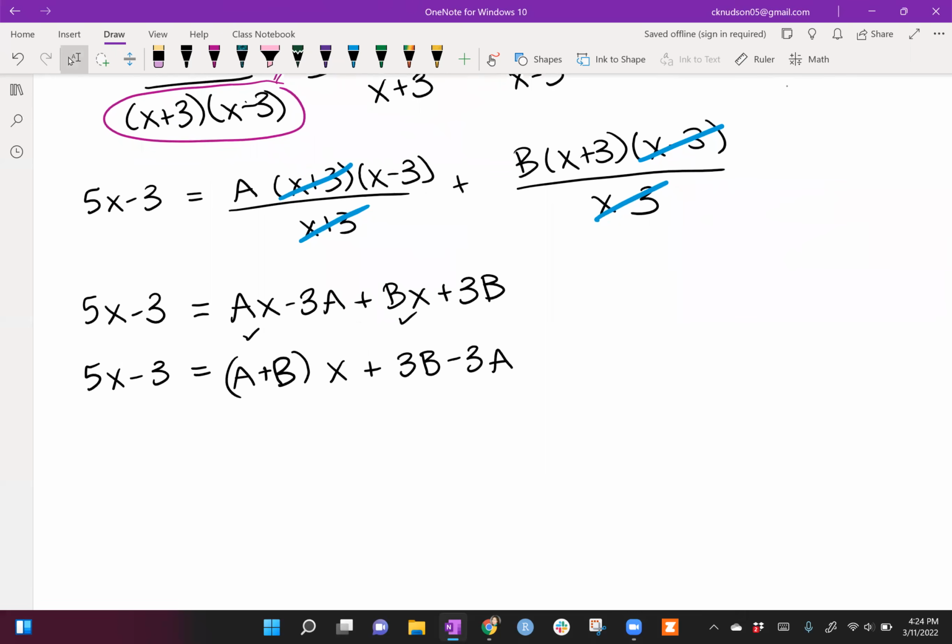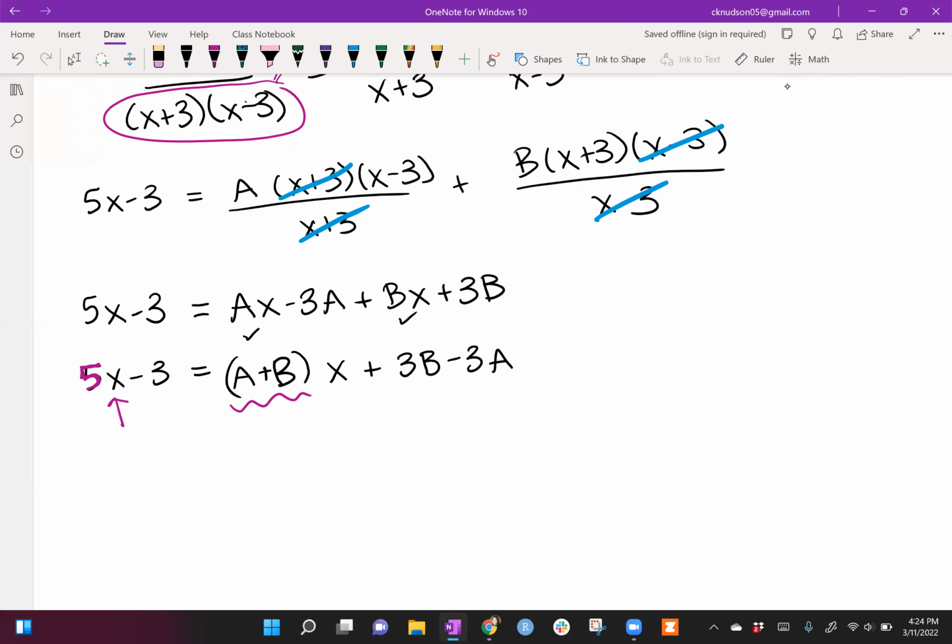Now what we're going to do is check out the left-hand side and the right-hand side. In particular, this 5 must be equal to A plus B because we have 5x and then A plus B x.